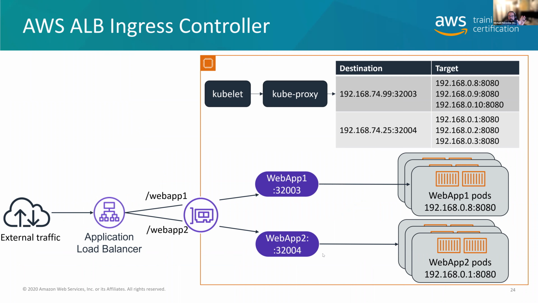We're not surfacing that just for confusion purposes. Notice that web app 1 goes to 32,003, web app 2 goes to 32,004. So it's going to pick the proper app based on the pathing. It's going to forward it to one of the EC2 instances based on the node port that's available.